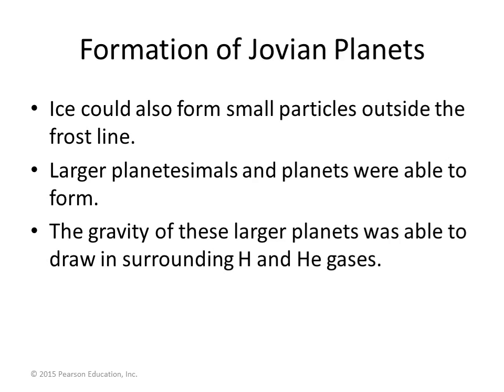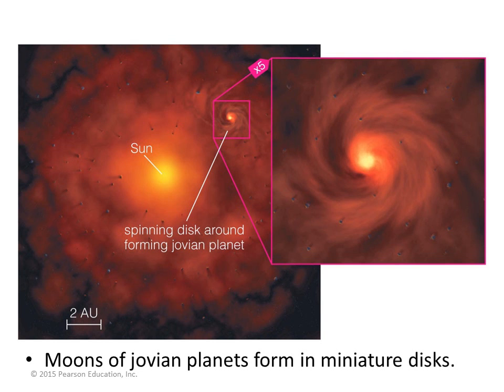So it may have been made of smaller ice particles at first, collecting larger particles, but it's the hydrogen and helium that makes up the majority of the Jovian planets today. So we've got the spinning disk forming a Jovian planet as smaller chunks of rock, hydrogen, and helium collect.